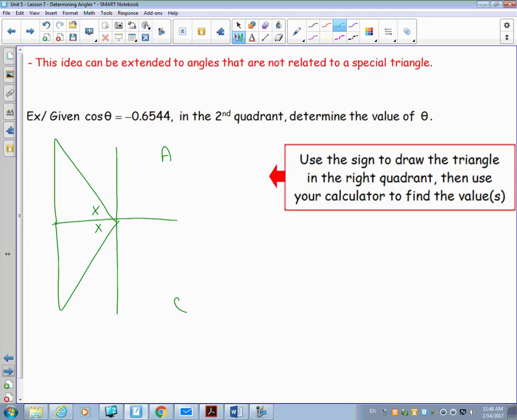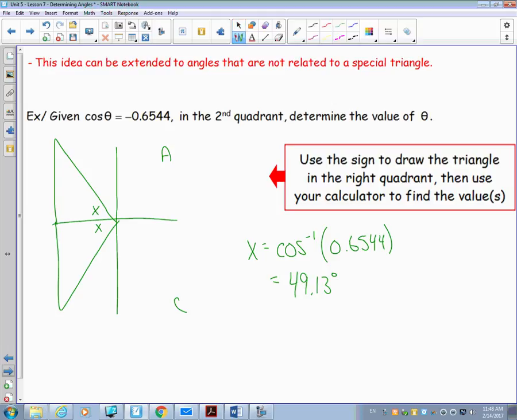That's why I need this idea of special triangles and CAST to find the second answer. How do I find my answer? I take the inverse of that decimal. Now notice I'm not using the sign. I used the sign to tell me where to draw things. I'm using the decimal to tell me my answer is 49.13 degrees.